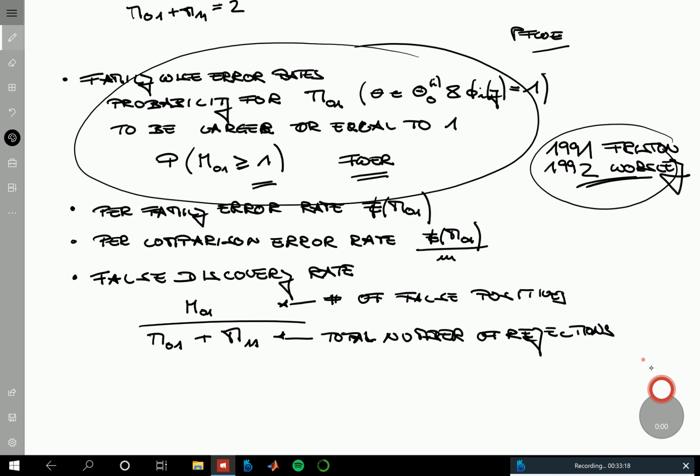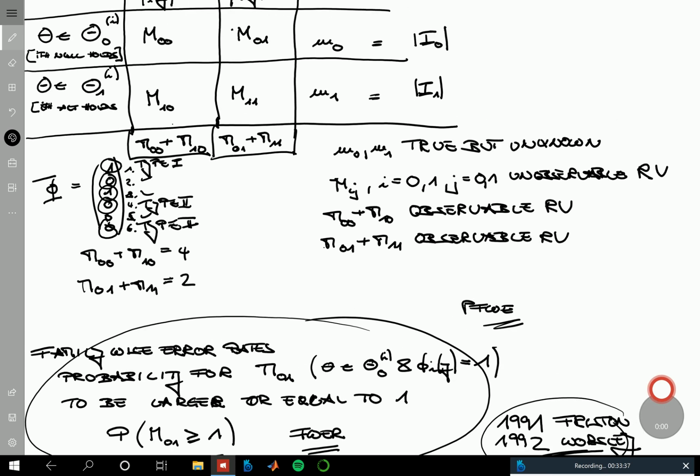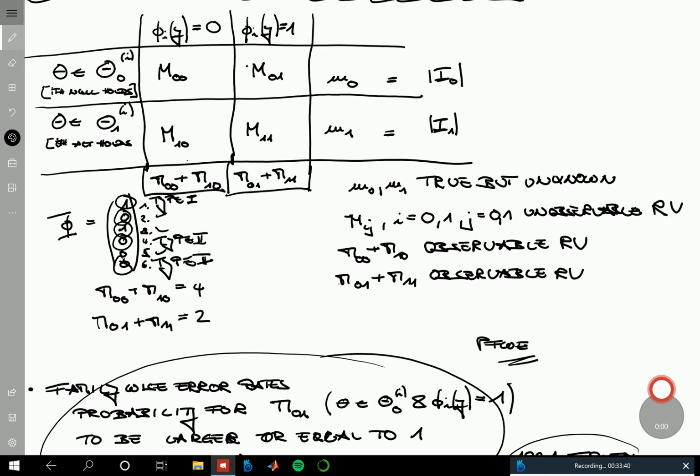I'm not sure if it's easy to explain, but you said that the small m0 and small m1 are true but unknown values, so how can you actually partition the big M's, as if we knew which hypothesis was which? No, I mean, it's like always in statistics: there's a true but unknown value, and you try to create a method, for example estimating a parameter, so coming up with an estimator that in its expectation is equal to the true but unknown parameter.